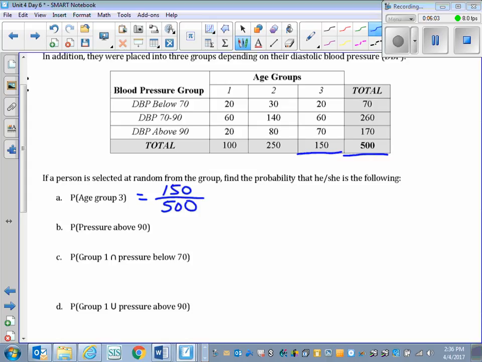The probability that the blood pressure is above 90: that total is 170, so that's going to be 170 over 500. The probability that they're in group 1 and the pressure is below 70 is 20 out of 500.